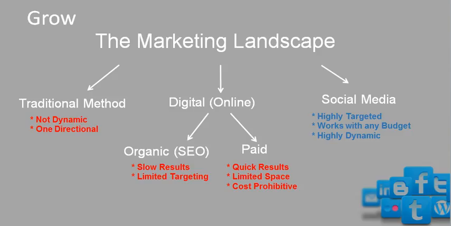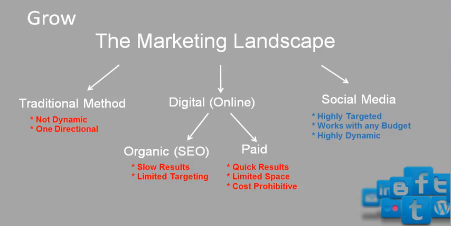Another challenge with this more traditional method, often referred to as offline advertising, is that you're at the behest of the publishers in terms of when your message can be delivered. For example, with television, radio, and print, you essentially have to publish your message within the publisher's timeline, so it prevents you from getting the message out when you wanted to get it out.